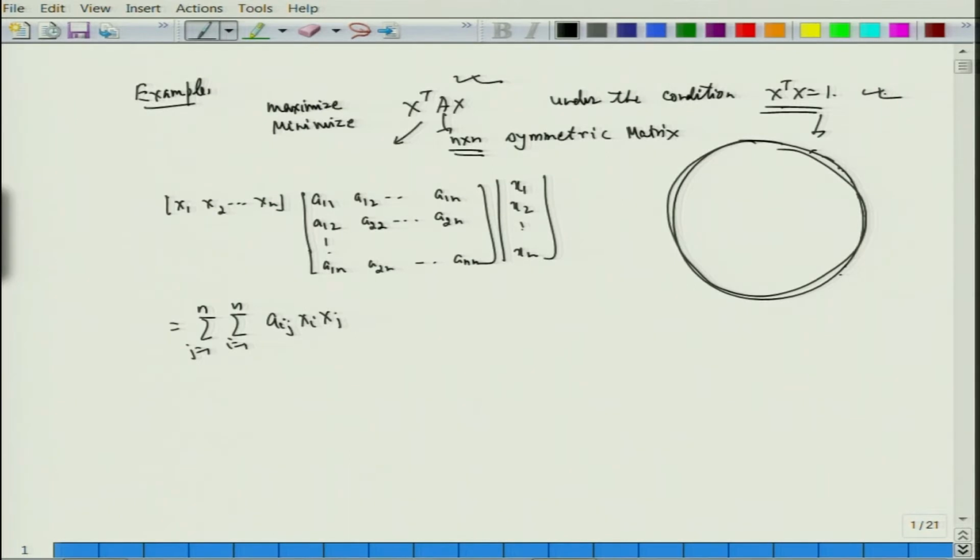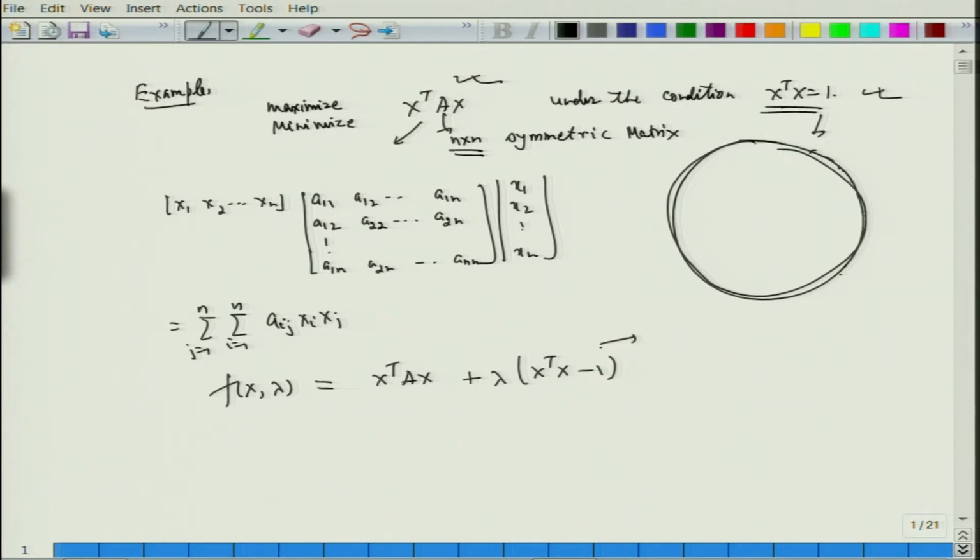So, if I want to maximize or minimize this, then if you recall, there was a notion of what is called the Lagrange multiplier method in our several variable calculus. So we form a function f of x and lambda: x transpose Ax minus lambda times (x transpose x minus 1).